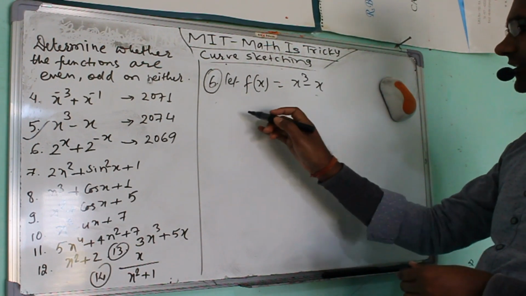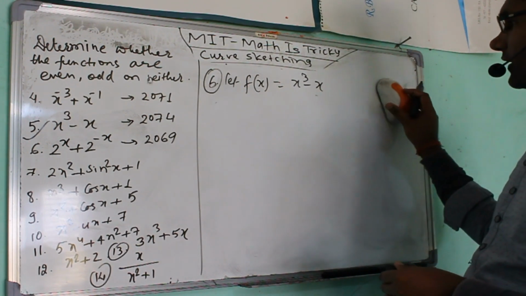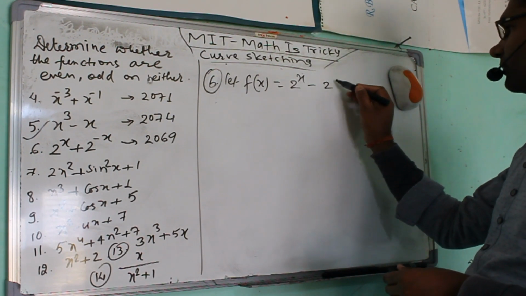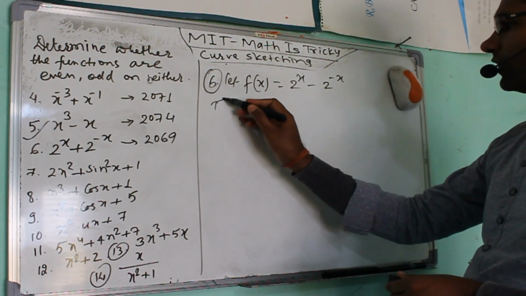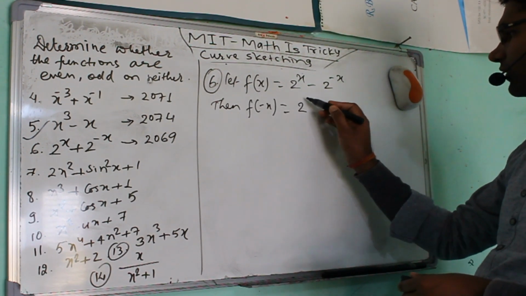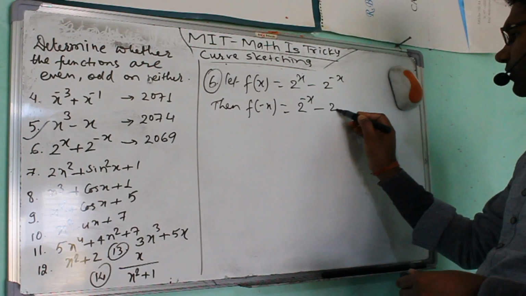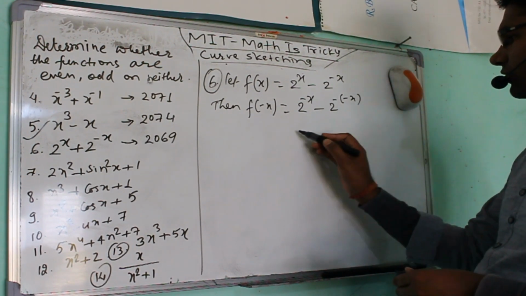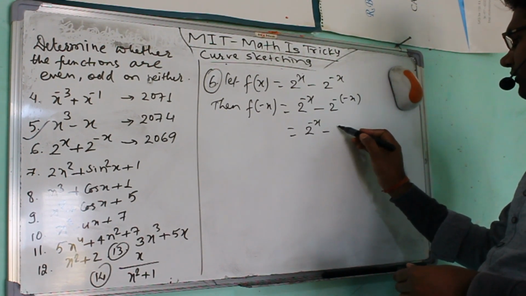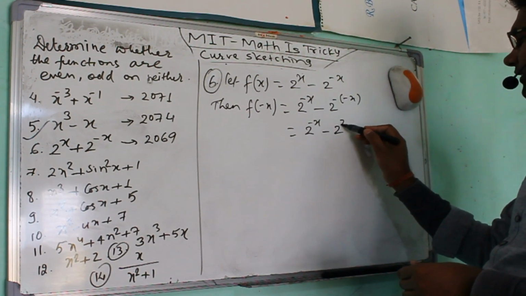Question number 6. It is given here as f(x) = 2ˣ − 2⁻ˣ. Then find f(−x). It is 2⁻ˣ − 2ˣ.